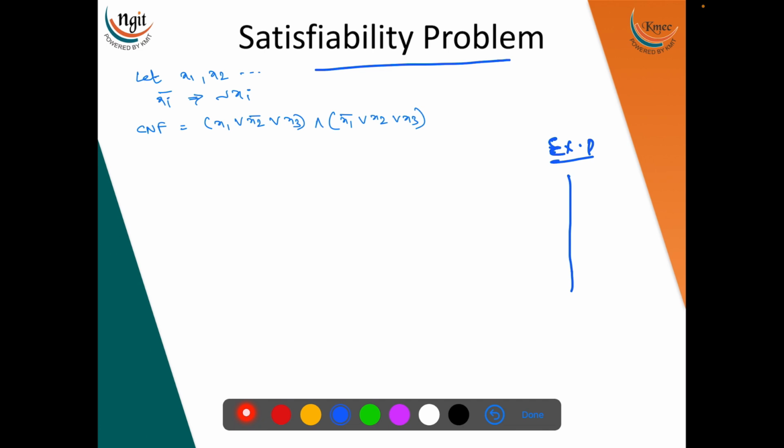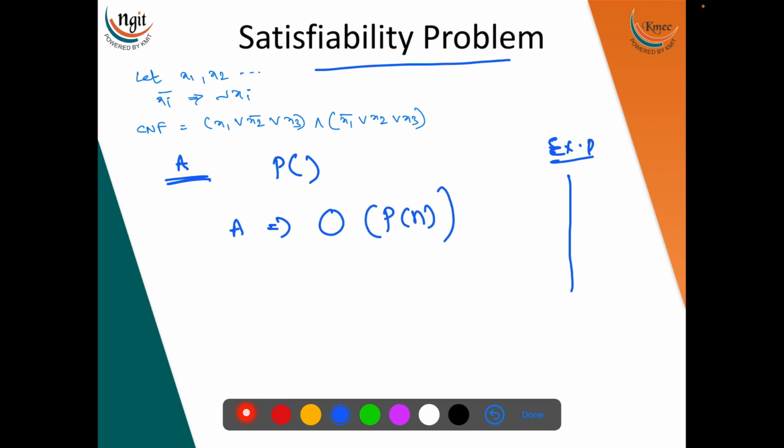Now let's talk about this: an algorithm A is of polynomial complexity if there exists a polynomial P such that the computing time of A is big O of P of n. Right?